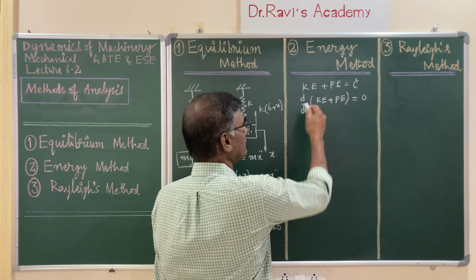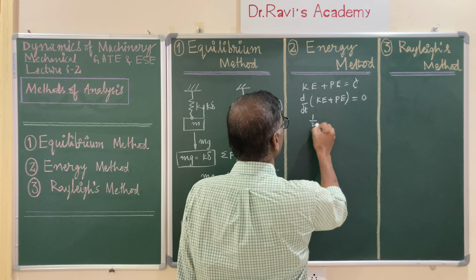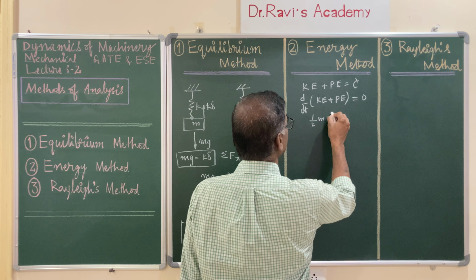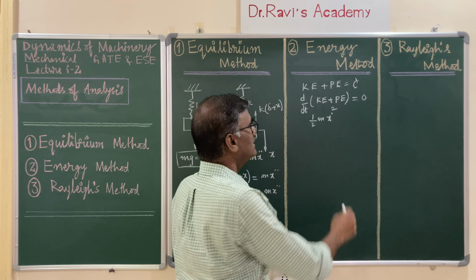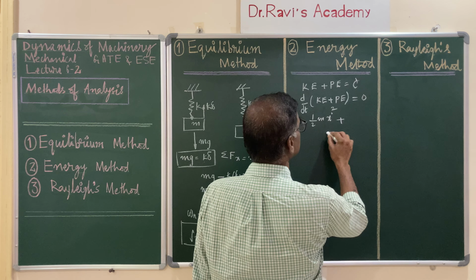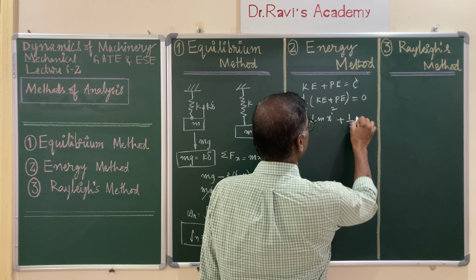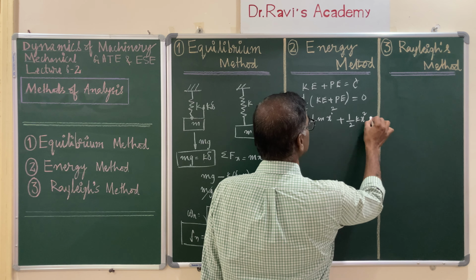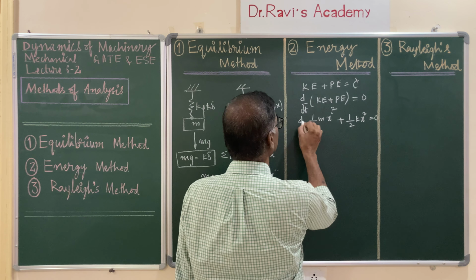You know that expression for the kinetic energy is half m v square. I am writing it as x dot square. This is kinetic energy plus potential energy, half k x square, is equal to 0 if you differentiate with respect to the time.